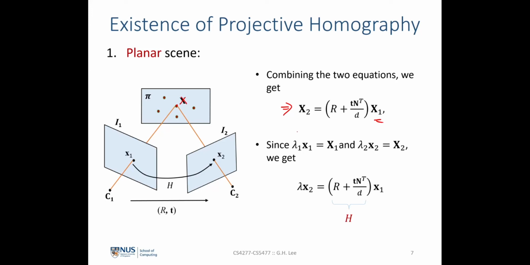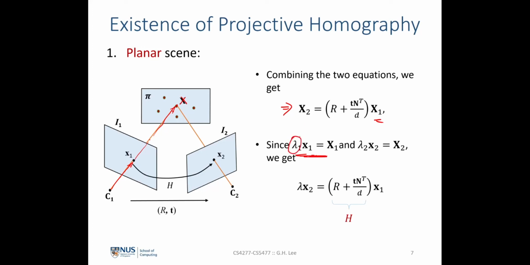So if I were to scale the vector x1 with lambda, I'll be able to reach the 3D point here and represent the 3D point here. Hence the equality in these two equations.